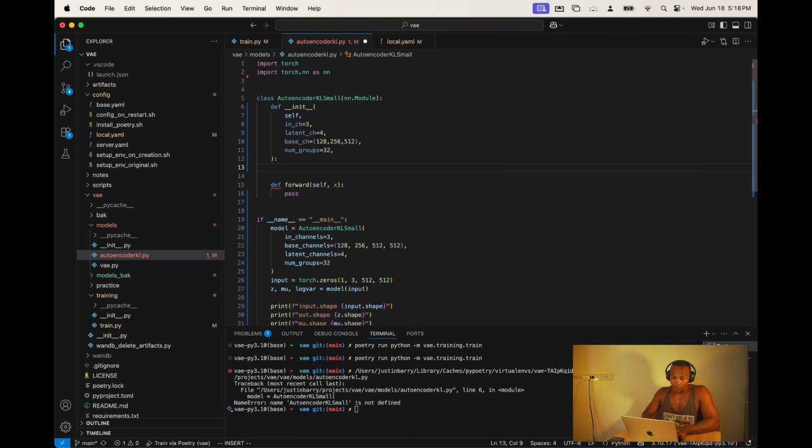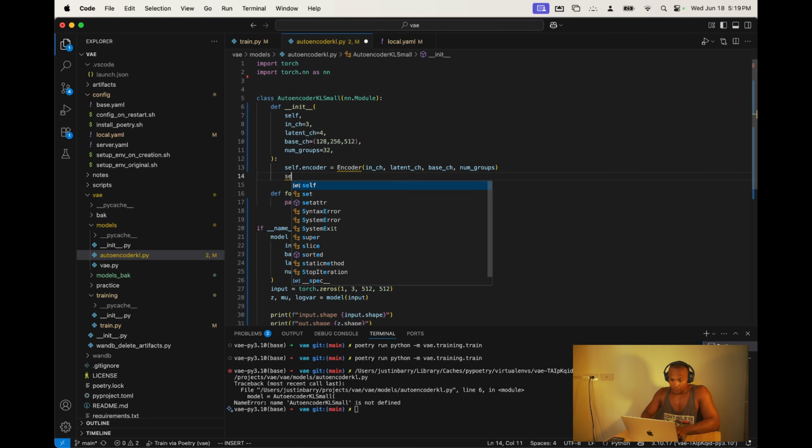So we're gonna do this top down. These classes aren't gonna exist yet, but we're just gonna code placeholders: in channels, decoder.